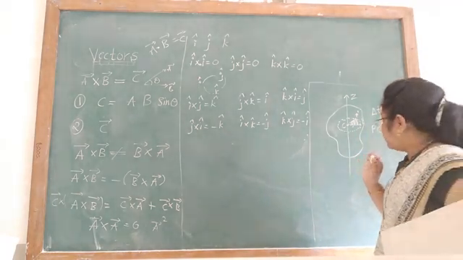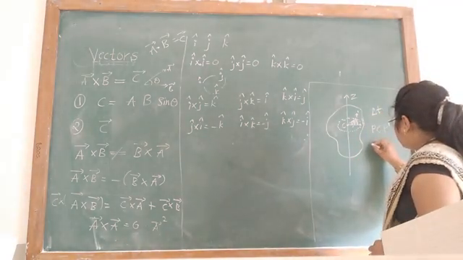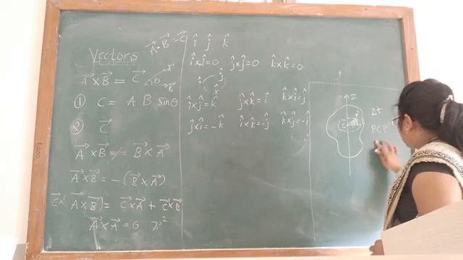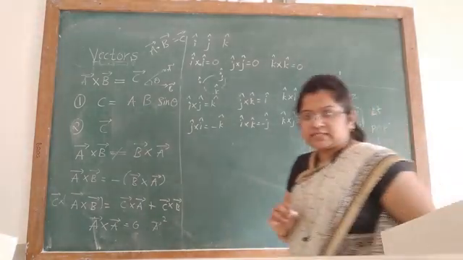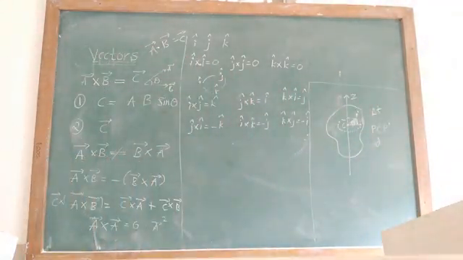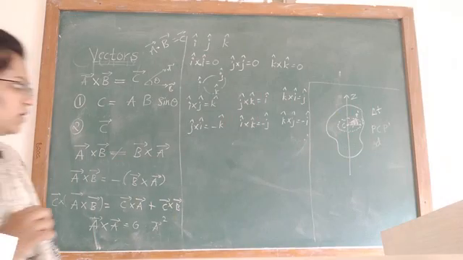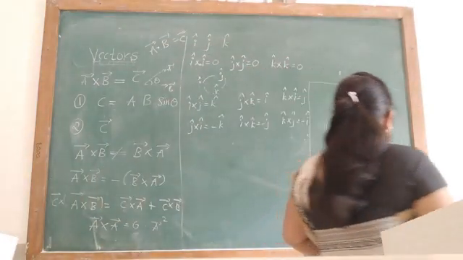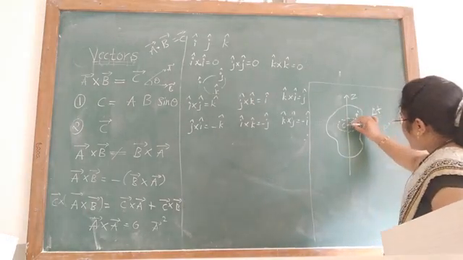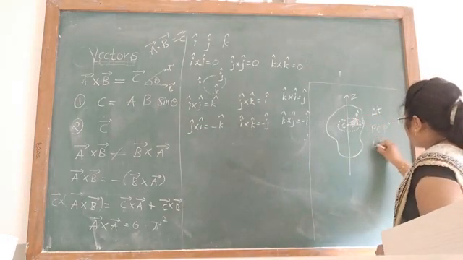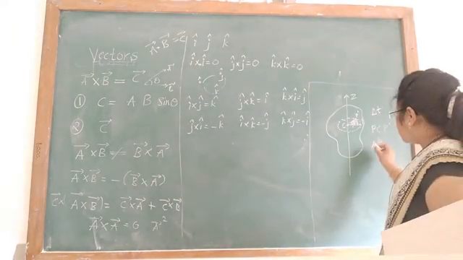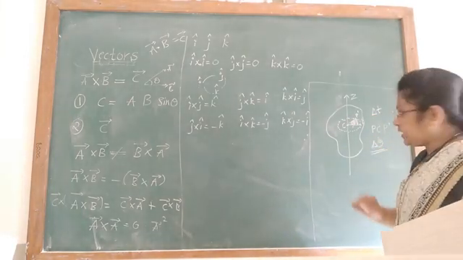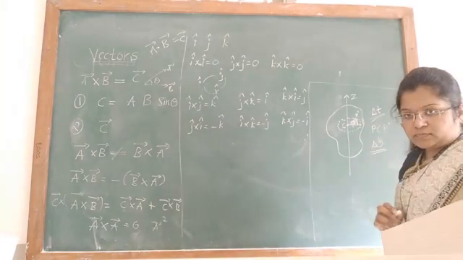To that I will give a name as D. Otherwise, we can give it a name as theta only, because theta is the angular displacement, means theta angle was here na, so that angular displacement I will give it a name delta theta. So this is angular displacement and this is the time.